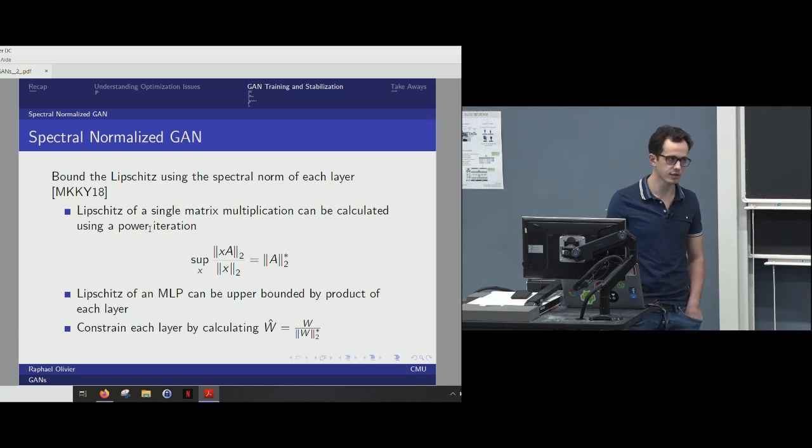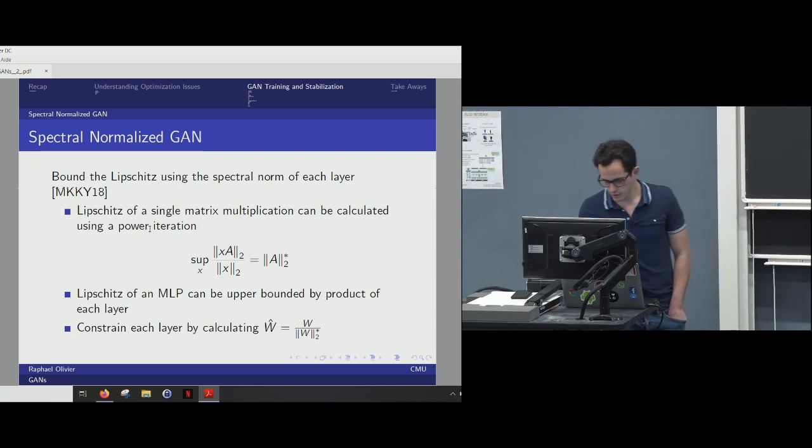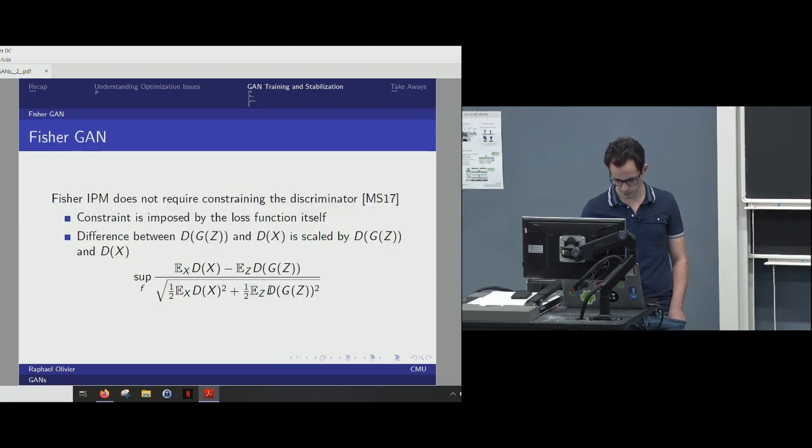Kind of depends whether the matrix is symmetric or not, which it's not, so maybe it's a singular value probably. I don't remember, but in any case, you can compute this quantity, and you can constrain each layer to have this quantity smaller than what you want by clipping, and doing that gives you something that's at least better than the clipping version, WGAN.